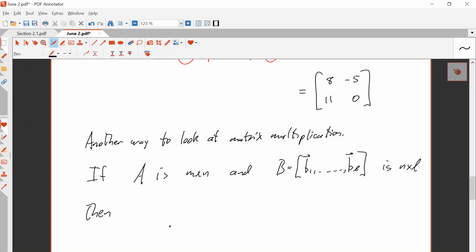So if you think of B as a collection of vectors, whose columns are a collection of vectors, then A times B is the matrix whose column vectors are AB1 to ABL. Right, where that matrix multiplication is the one that we talked about in chapter 1. Okay? All right.